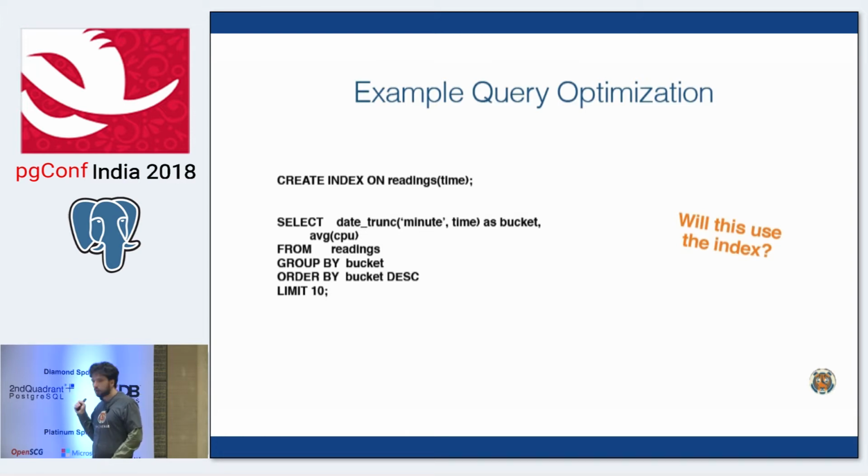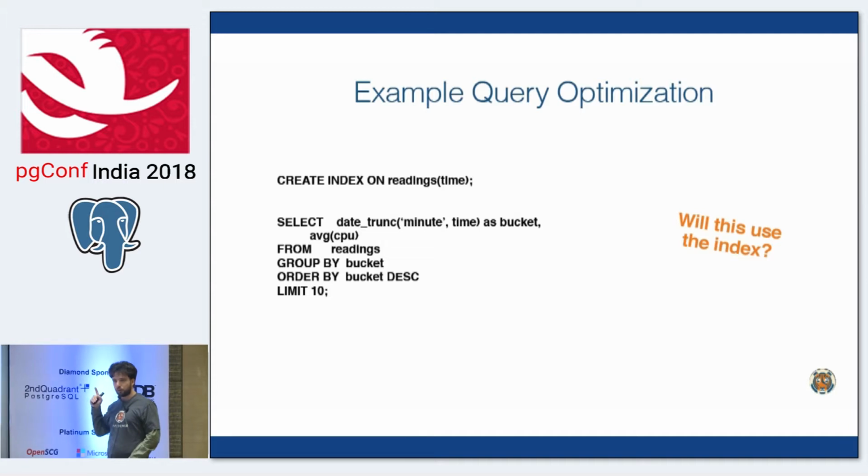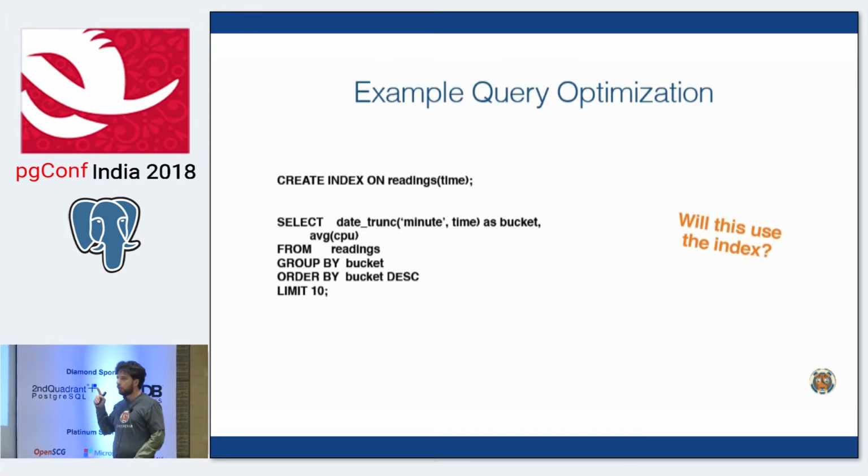Now, will Postgres use this index for this query? It won't, and why? Yes, because there's a date_trunc function that messes up the information.